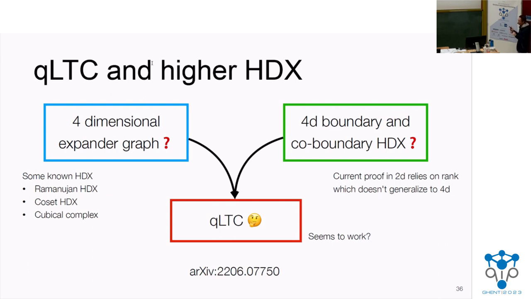However, there are some issues. On the graph side, there are some known high-dimensional expanders, but they're not as nice as left-right Cayley graphs. On the code side, we actually don't know if these codes exist. One reason is that in the 2D proof, we use the idea of rank, which doesn't exist in 4D. So that's kind of an obstacle.